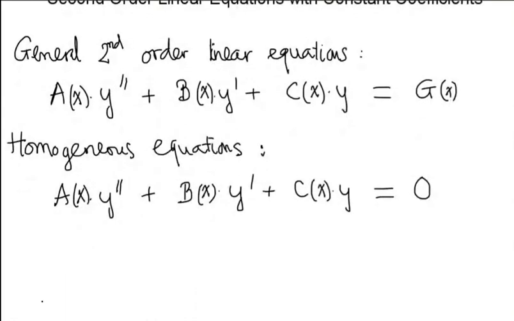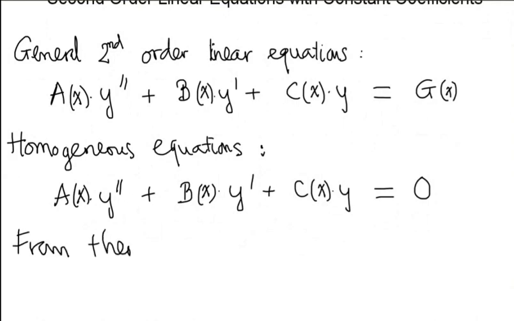In the previous topic, we learned that whenever we can find two solutions which are linearly independent, then we can capture all other solutions by using linear combination.